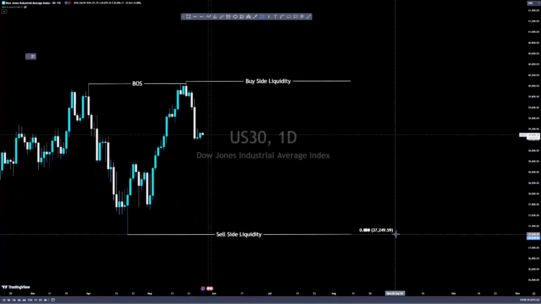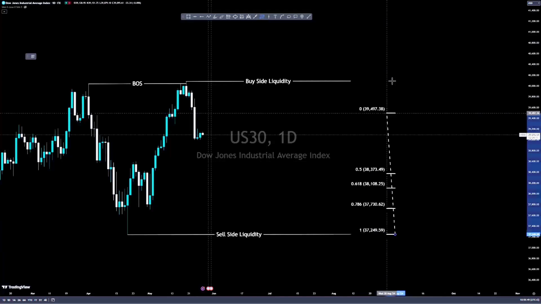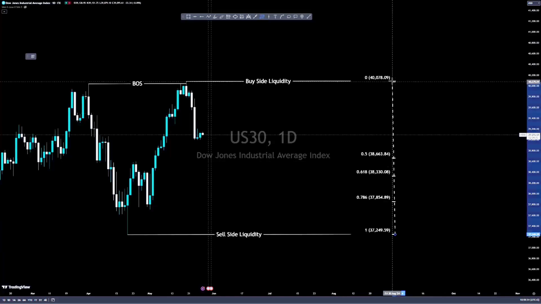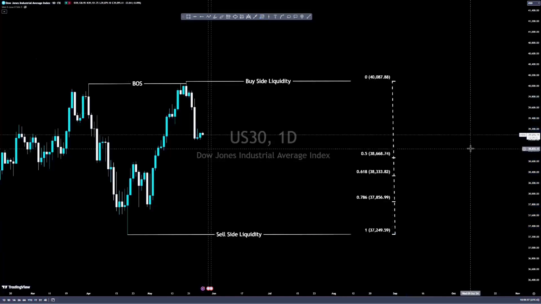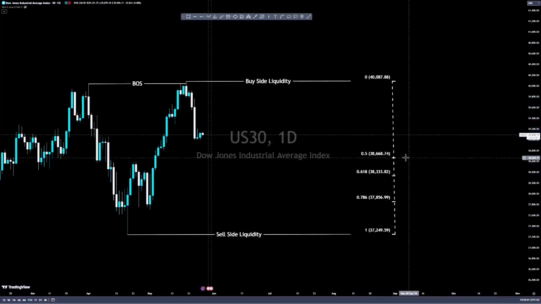Remember, in a buying trend, we start marking the Fibonacci at the sell side liquidity, then we go up until the buy side liquidity. Remember, the second thing we need to do is look for zones below the 0.5 Fibonacci level.